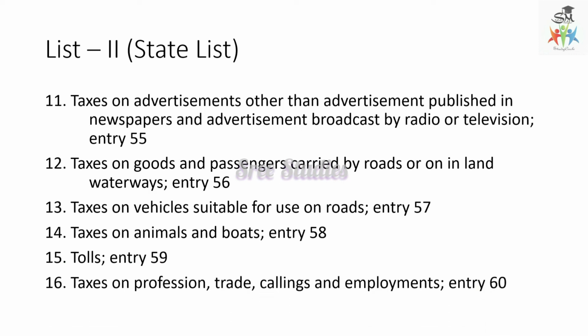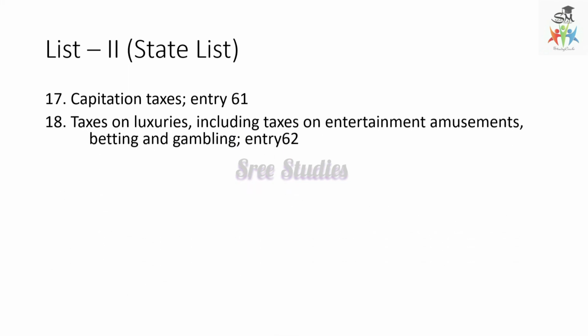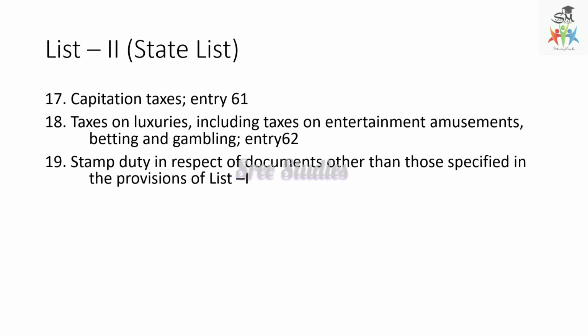And taxes on professions, trades, callings and employments, entry 60. And capitation taxes, then taxes on luxuries, including taxes on entertainment like amusement parks, betting and gambling, and stamp duty in respect of documents other than those specified in the provisions given under List 1.